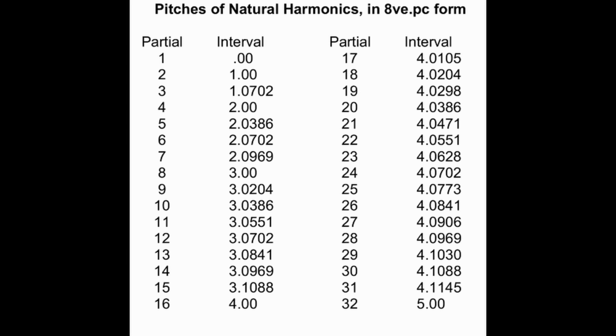Minor sevenths, 7th and 14th partials, are 31% flat. The major 7th, 15th partial, 12% flat. The minor 6th, 27th partial, 6% sharp. But these are also within 1/10 of a semitone of their tempered counterparts.